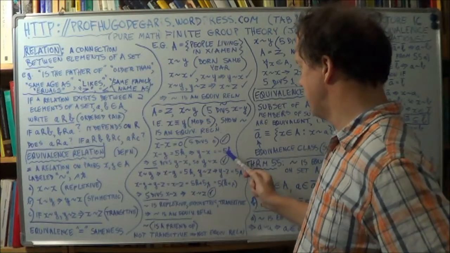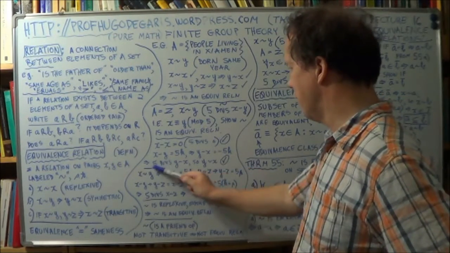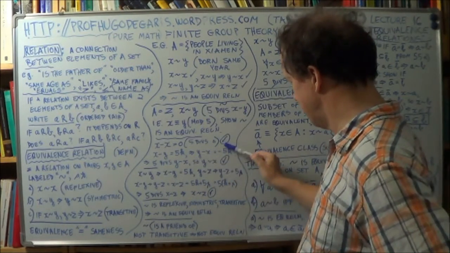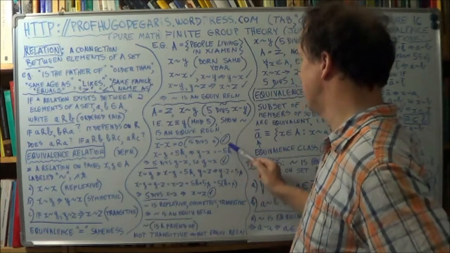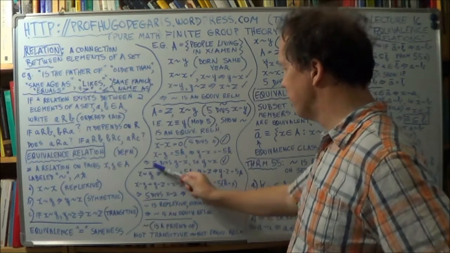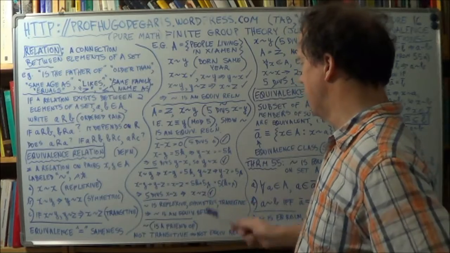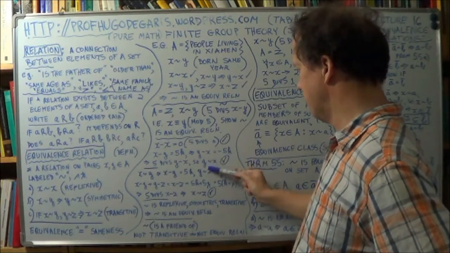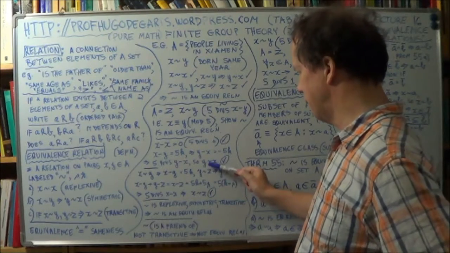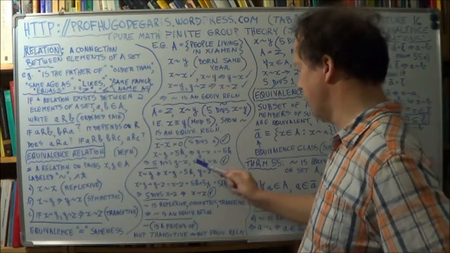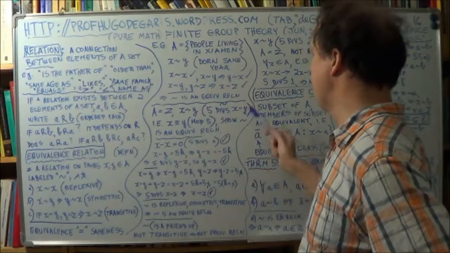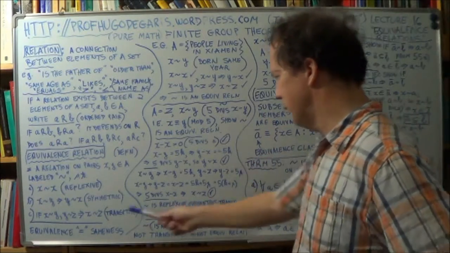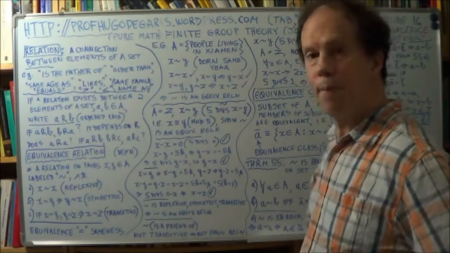And that means that 5 divides this. Here's your factor, 5, and the quotient is minus k. So 5 does divide y minus x, and hence y tilde x is true. So tick, symmetric, that property holds.